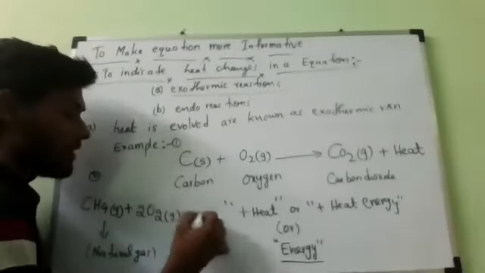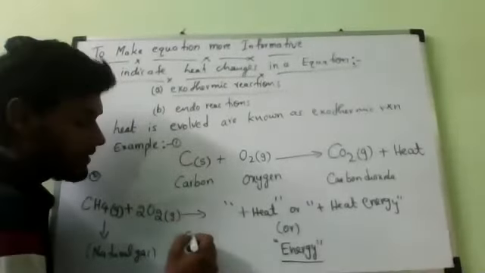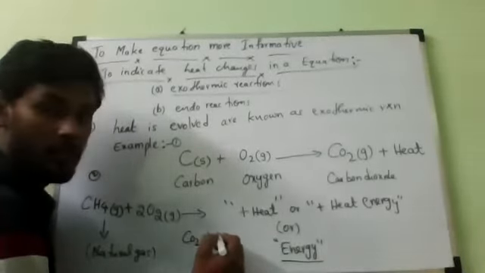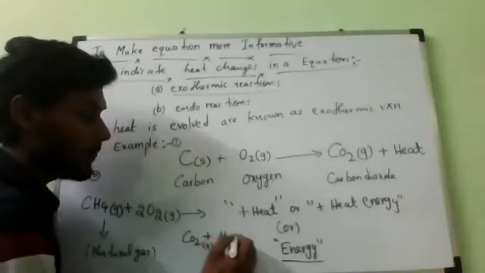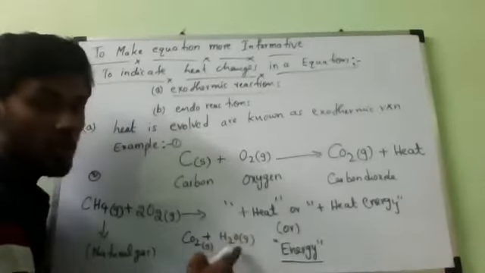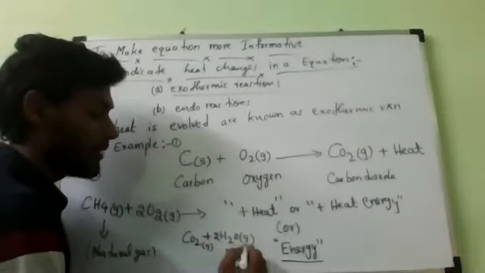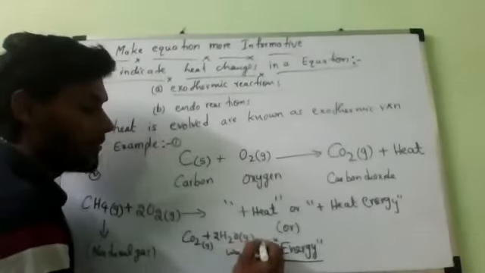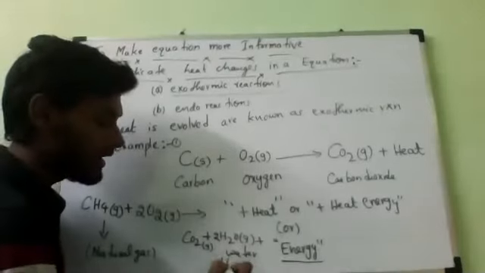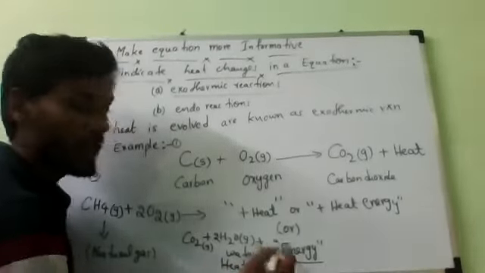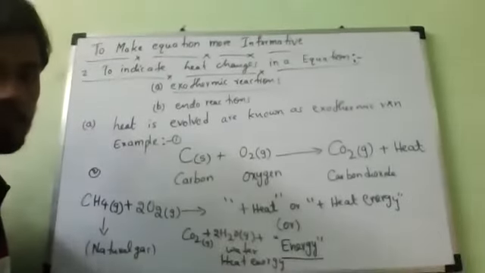Balancing the equation, I'm writing, it will produce CO2, which is gaseous, plus it will produce vapors. Don't write liquid for water here. It will produce water vapor, so I am writing the gaseous state. Plus it will produce heat energy. So this is also an example of a heat releasing equation. Is it okay? Yes, sir. Yes, write it.